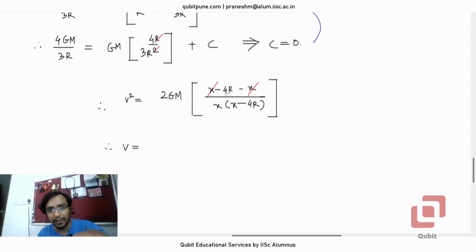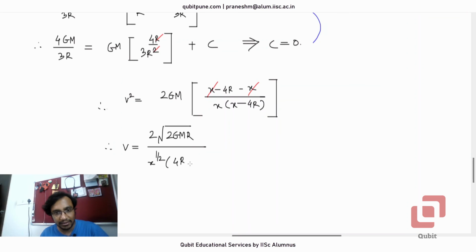That negative 4r, make it positive 4r. So effectively it will be root of 2GMr, that 4, write it outside, so that will become plus 2. And this x minus 4r will become 4r minus x.